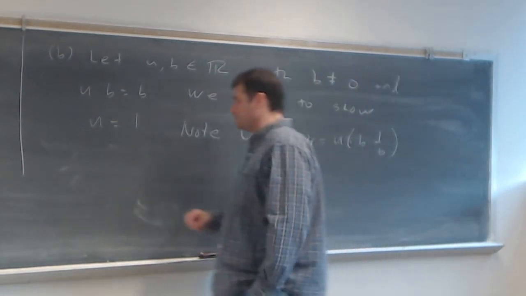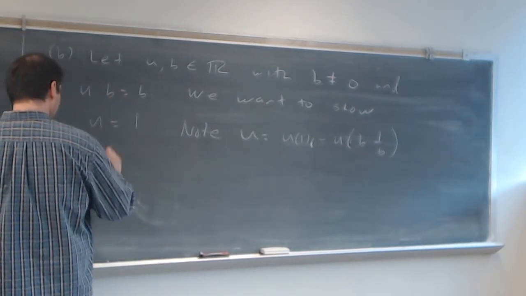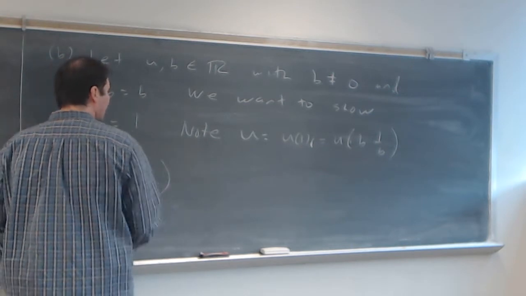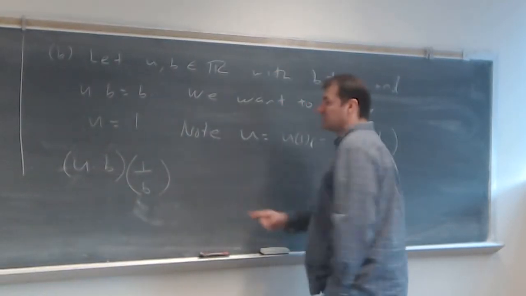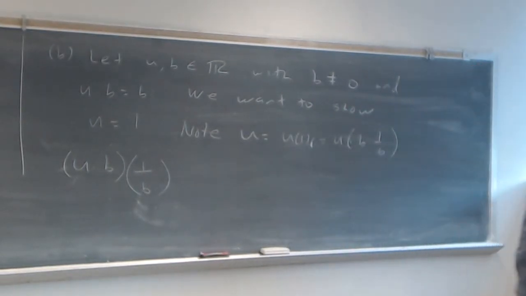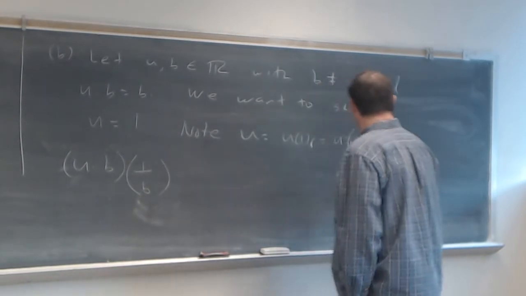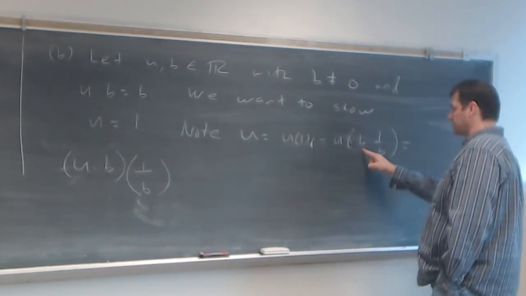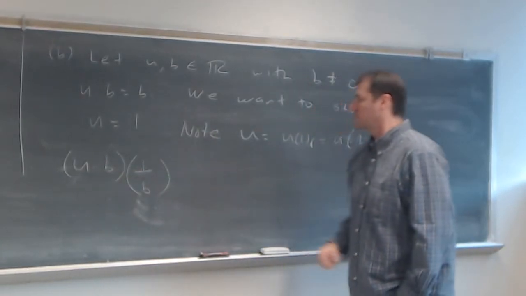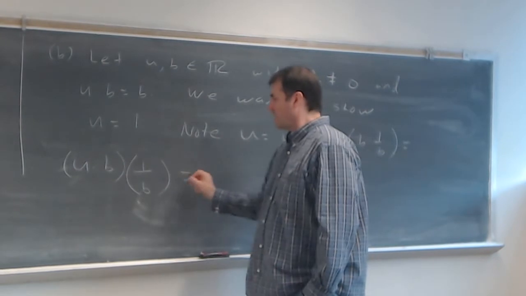Now, through the associativity property for multiplication, I can rewrite this as U times B first, then times 1 over B. And the reason I want to do that is because I have a fact, in terms of what I'm assuming, about U times B. So U times the quantity B times 1 over B is the same thing as U times B, that quantity, times 1 over B. That's why I should put equals.